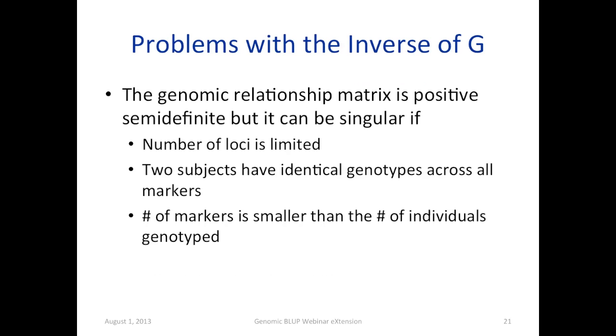You have hundreds of markers, but thousands of individuals. Sometimes two individuals have identical genotype across all the markers, and that can cause a problem. And sometimes the number of markers is smaller than the number of individuals genotyped. And that can be a problem in taking the inverse of the G.